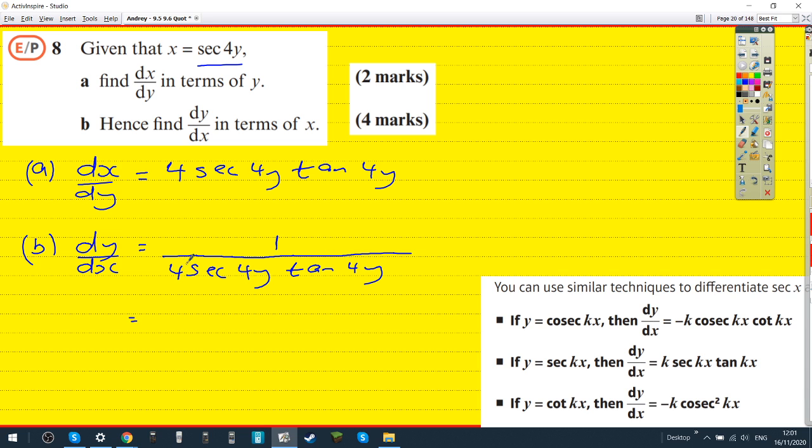So what is x equal to? Sec 4y. So for now, I know it's going to be 1 over 4x tan 4y. So we need to convert between sec and tan. Do you remember the identity for that?